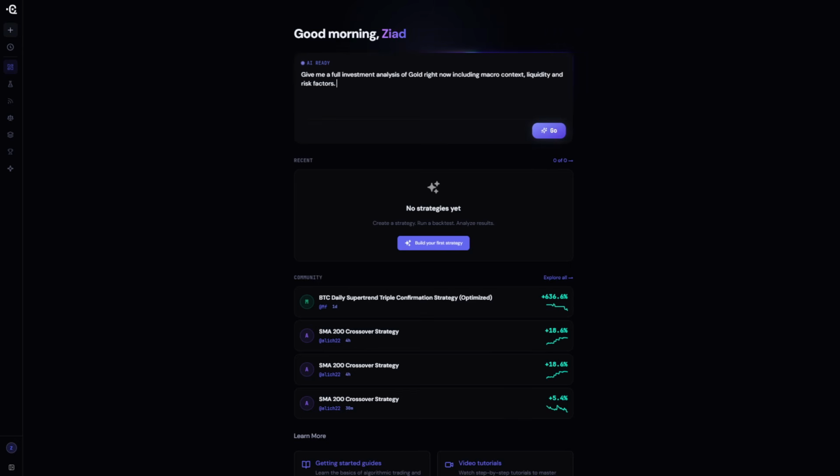And this is my first sentence. I'm worried about the events happening around the world now. So I want to take into account the current geopolitical situation, considering that my account is in US dollars. Okay, so I'm going to run this.